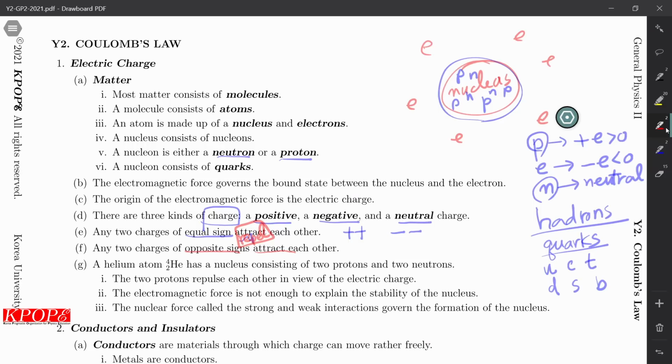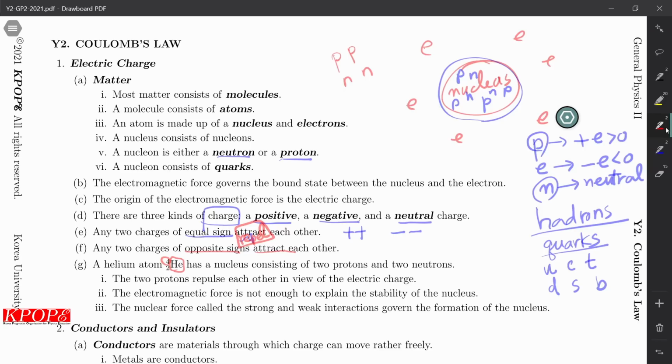Let us consider the helium atom. The symbol of helium is He. This number 4 represents the mass. Mass means in a nucleus there are 2 protons and 2 neutrons, and each proton, each neutron has a mass number 1.